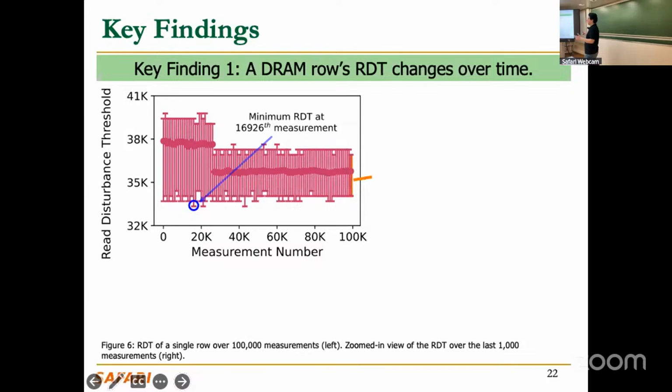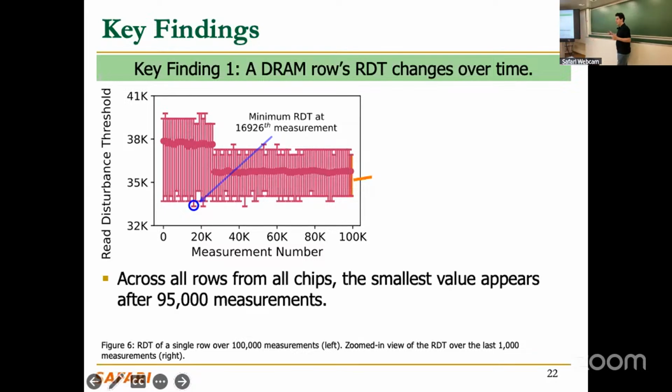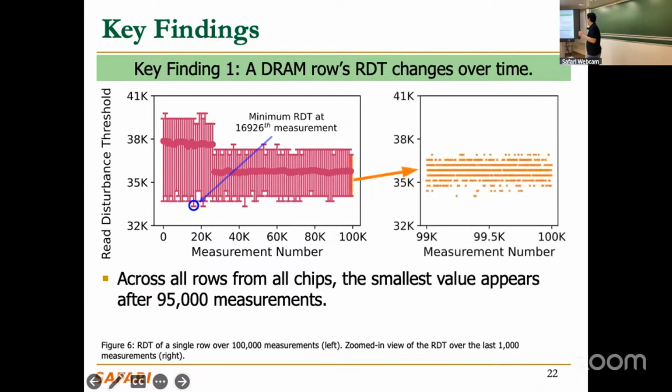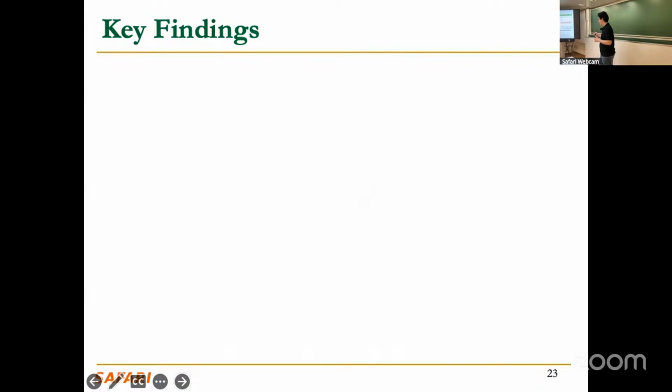And if you look at the general view across all rows from all chips, the smallest value that we calculated appears only after 95,000 measurements, which is a huge number. Also, if we divert our focus to the last 1,000 measurements we have, we can visually confirm that these threshold values are not consistent across the consecutive measurements, and there is a visible variance among these measurements.